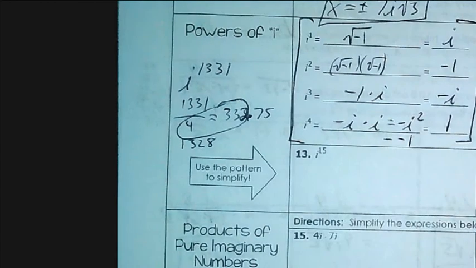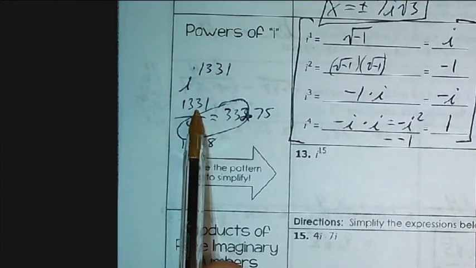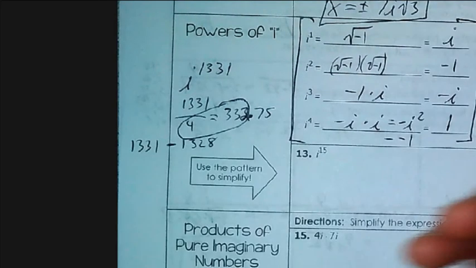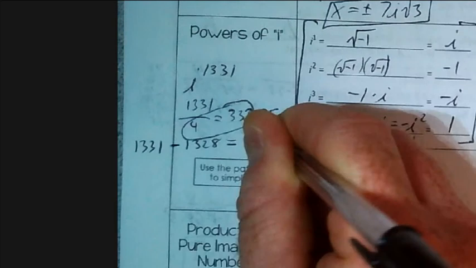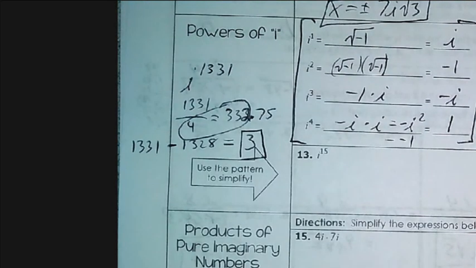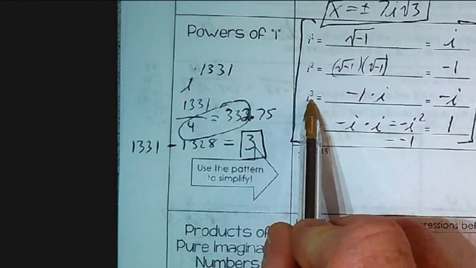Subtract the 1328 from the 1331. So 1331 minus 1328 equals 3. That is my remainder. So if 3 is my remainder, I go to i to the 3rd. It's negative i. And my answer is negative i.